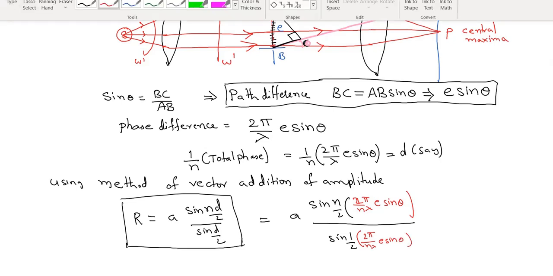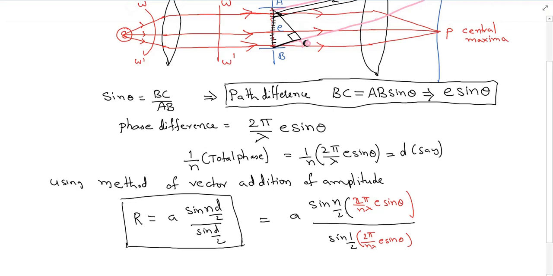So in this case, the n and 2 will be cancelled in the numerator, and in the denominator the 2 and 2 will get cancelled.